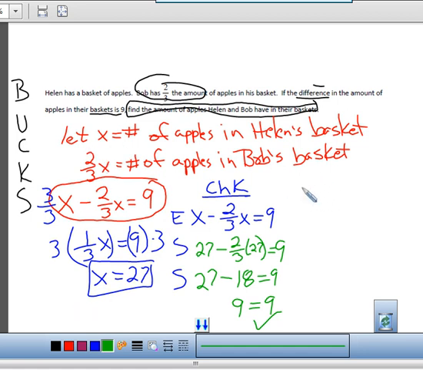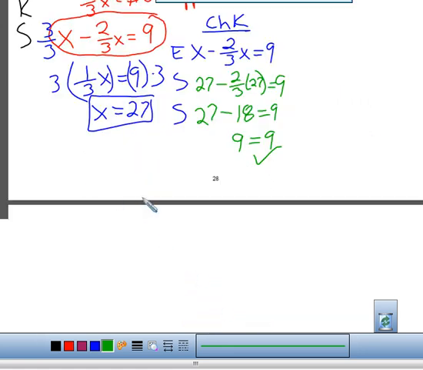Okay, so Helen has 27. So Bob, as you notice, has 18. So our sentence to end this will be, Helen has 27 apples in her basket. Well, let's do this. 2/3 x equals 18. So that is so that I know how many are in each. Let's write our sentence.